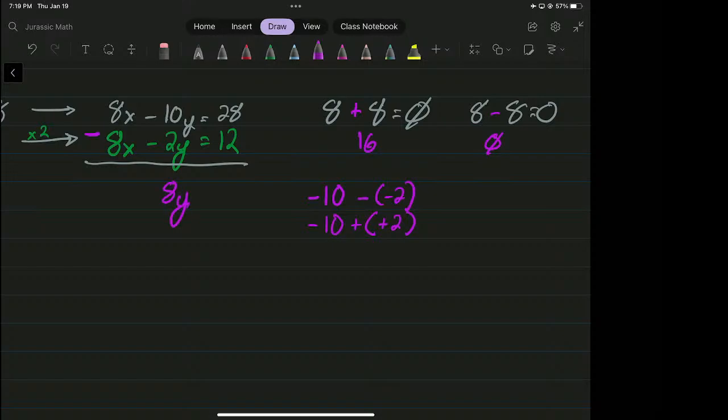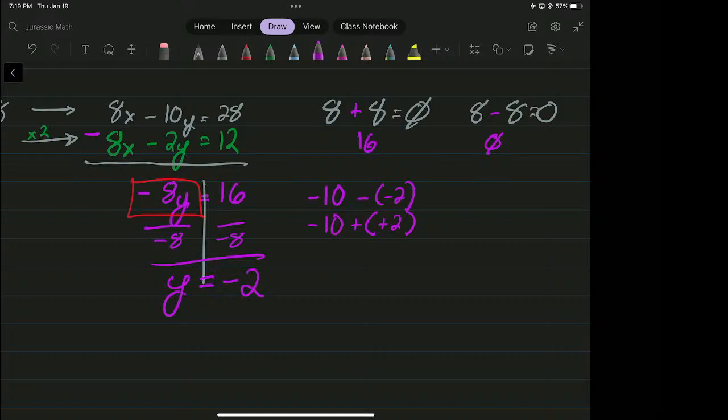And then since they're different signs, you keep whichever sign is with the larger number, which in this case is 10. So negative 8 equals, and 28 minus 12, 16. From here, it's just house method. We are going to divide by negative 8. And we get y equals negative 2.